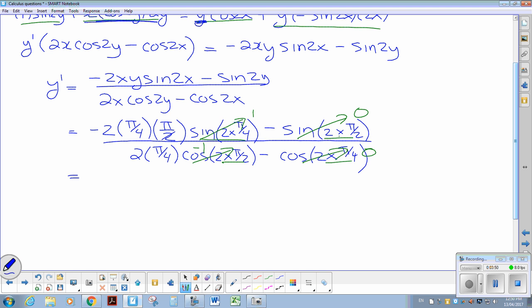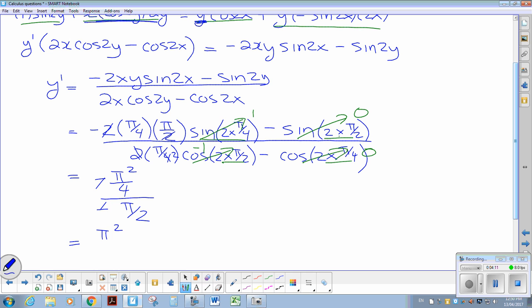So these twos will cancel out. So I'm going to have negative pi squared over 4 on top, divided by negative, that's going to reduce that to 2, divided by pi by 2, which means that the negatives cancel.